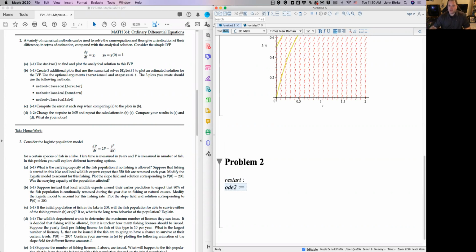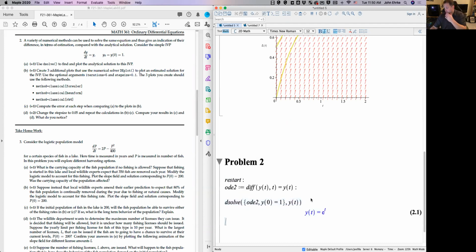So ODE2. And what I'm going to do is take the differential equation here, which is y of t comma t equal y of t. And we're going to dsolve it, which we already know the answer here. This is a pretty simple differential equation.